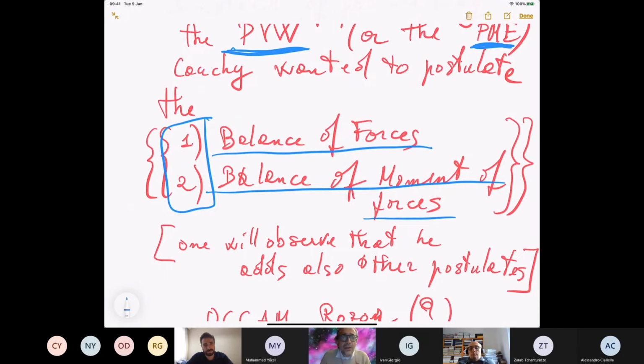Now, consider that we are basing mechanics on one postulate, the principle of virtual work, only one. And we deduce everything out of this principle. Instead, Cauchy needs at least two independent postulates.